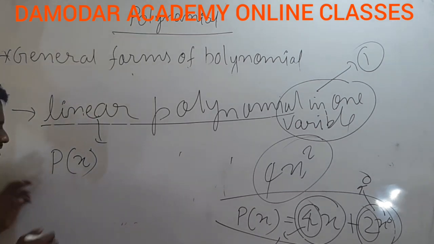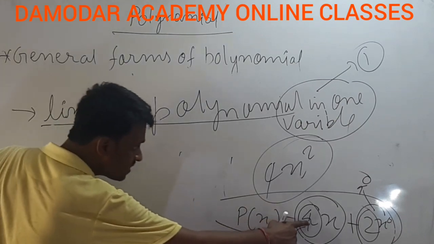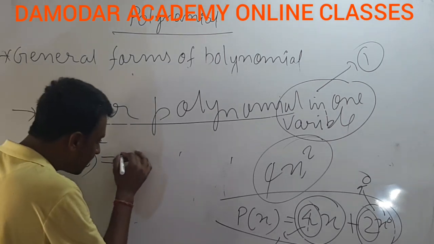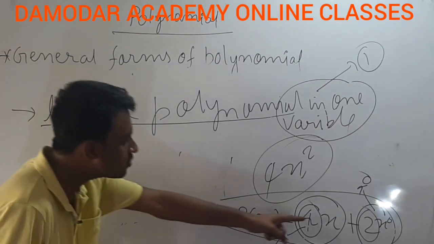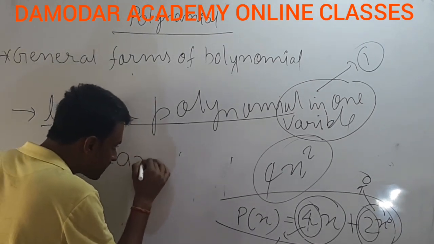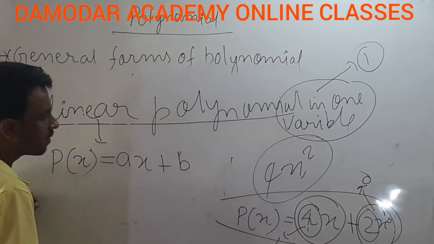Can we write P(x) is equal to, instead of 4, we can take any number, any integer. Okay, we can write a, and in place of the variable, we already take the variable x. That means ax plus b.